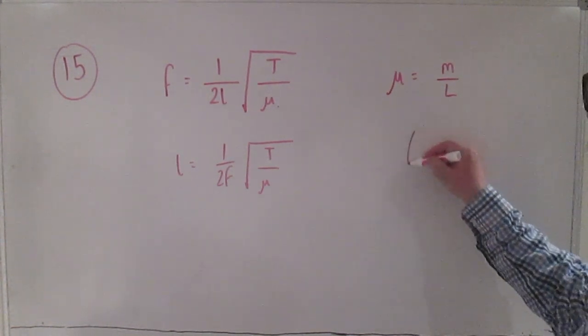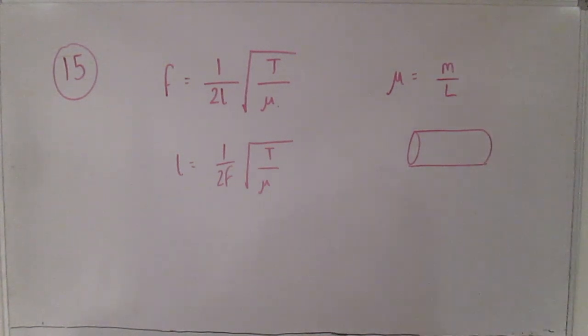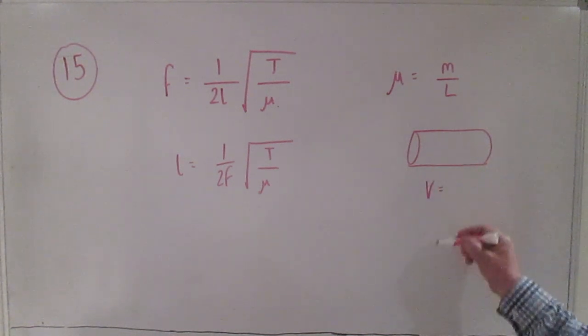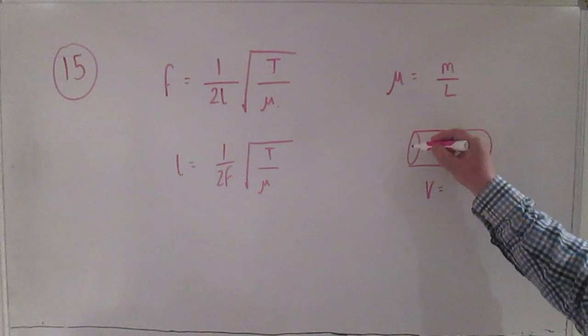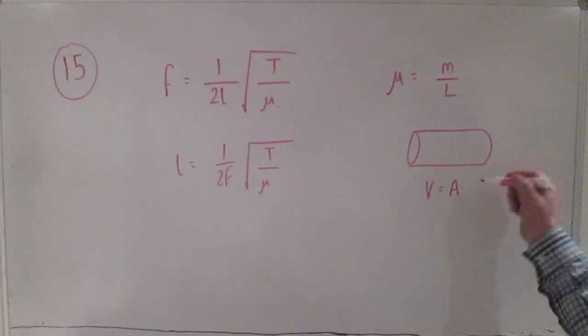Now if you think about a wire, you've got something like that, where the volume is equal to the cross-section area, which we'll call A, times the length.